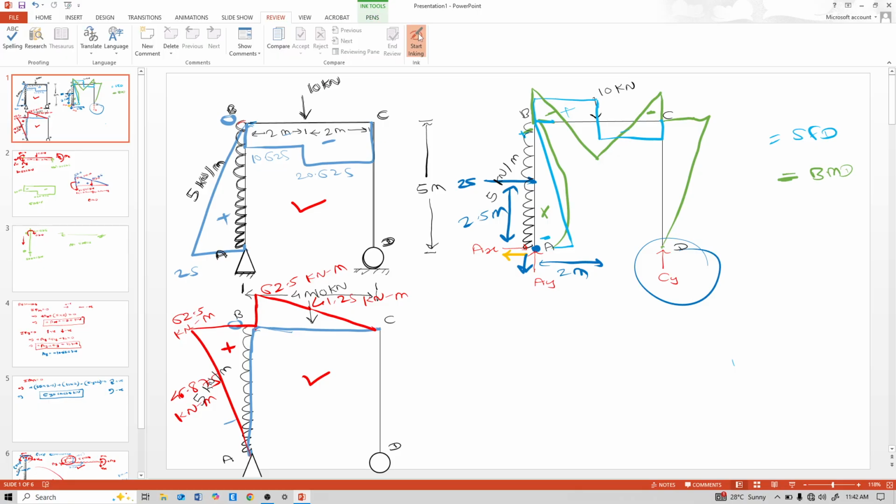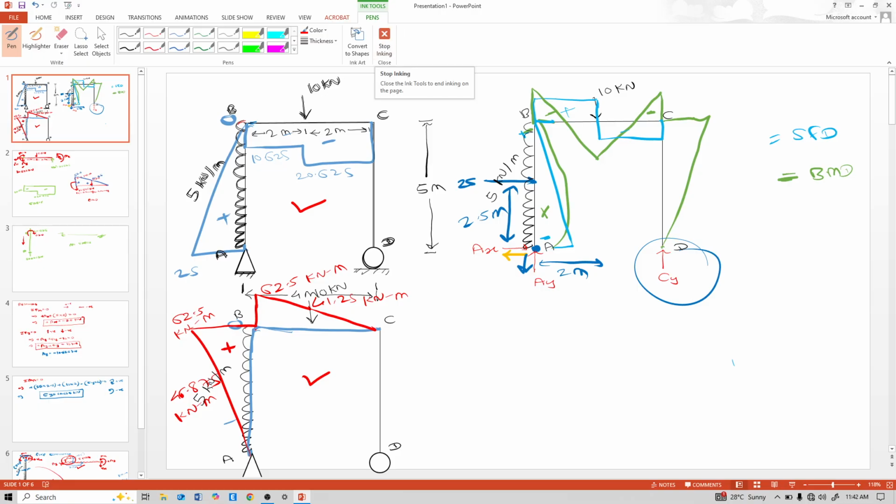See, here there is one mistake. This curve is like this or like this. The moment curve, this curve.